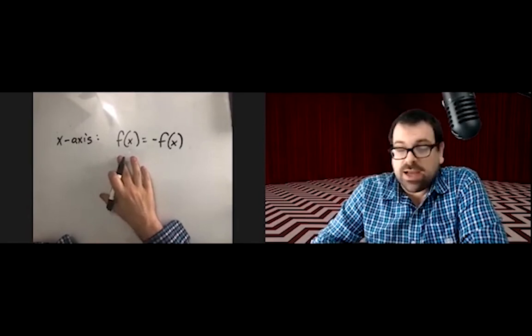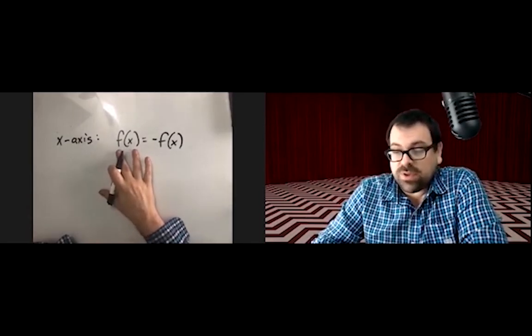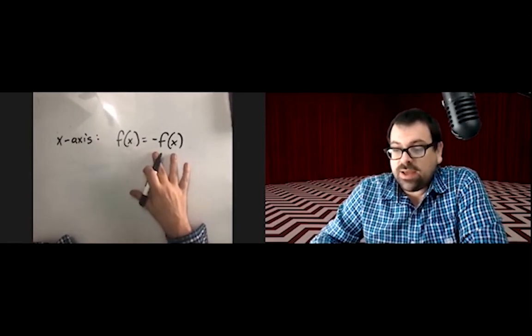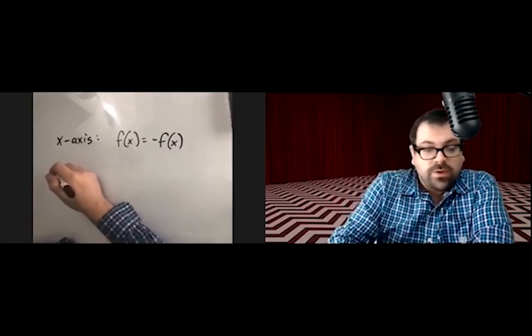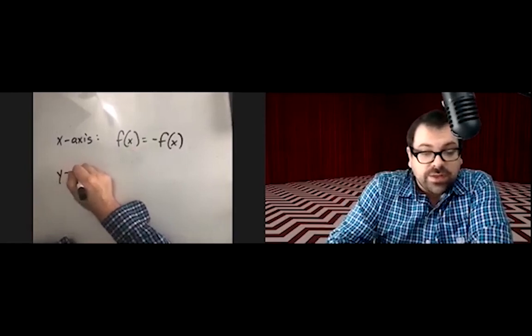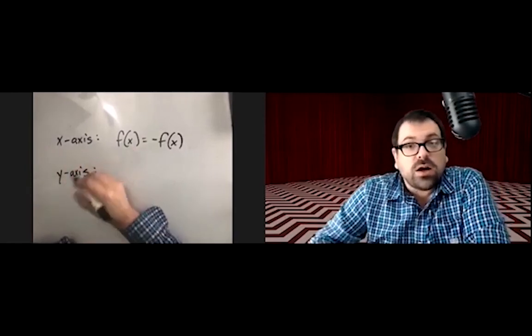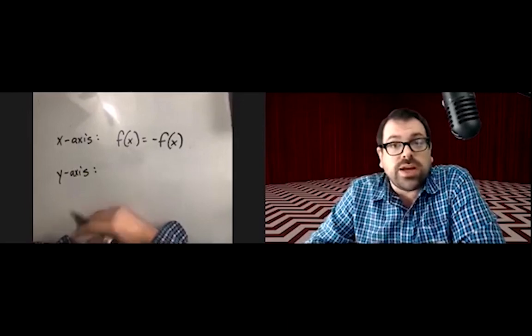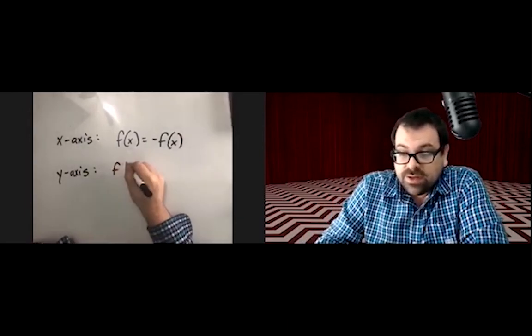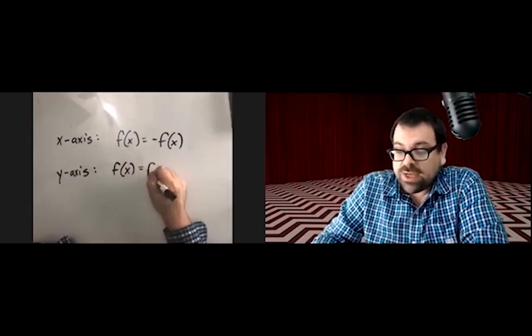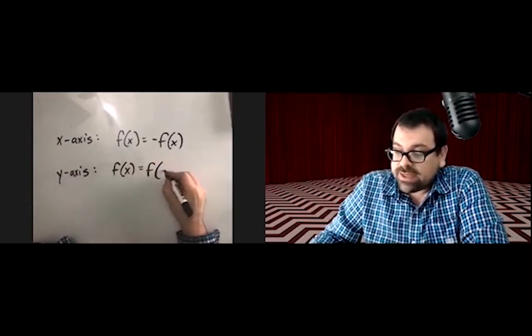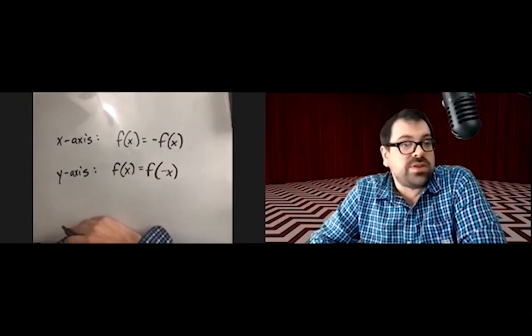Remember, f of x is y. So we're replacing y with negative y and getting the same thing back. Y-axis symmetry, the one where we are trading x for negative x and getting the original function back. The original function back is what we get when we take x and replace it with negative x.